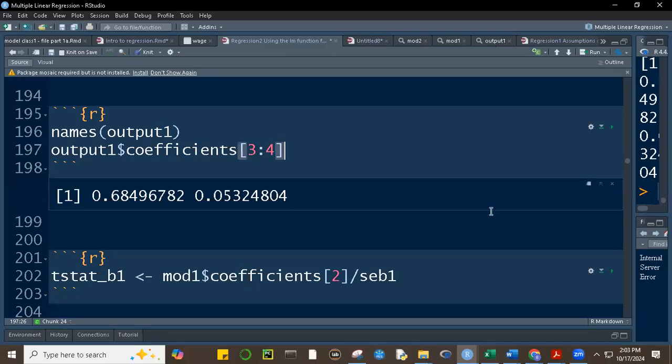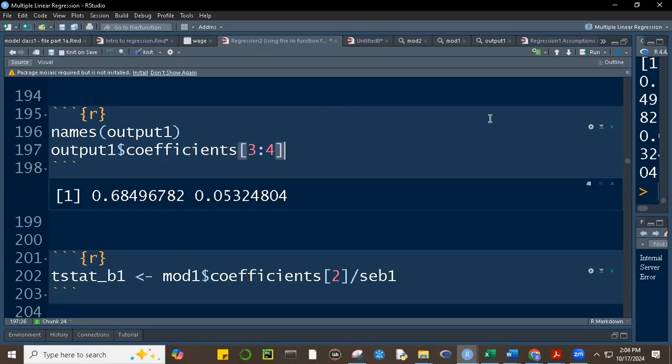Feedback, please. Are you able to follow, class? That was my question, class. How do I extract the standard error or the p-value from my model?